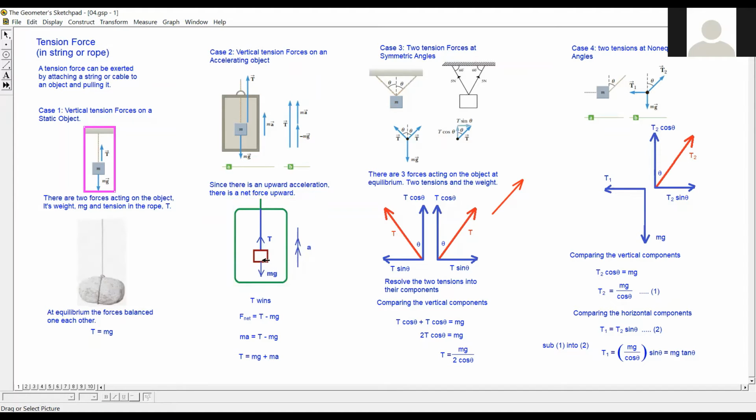The object is hanging on the ceiling of the lift. There are two forces acting on the object. One is the tension in the rope or the string that is hanging the object. And the second force is the weight of the object. So these two forces.